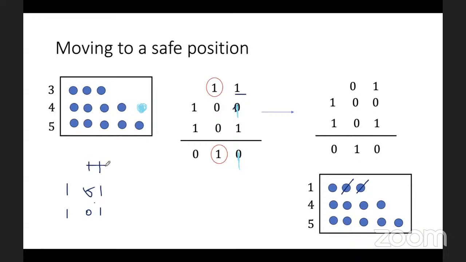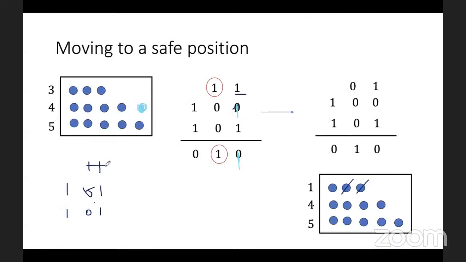All right. And is it always possible to go to a safe position from any board that is given to you? Is it possible that we can always go to the safe position? Correct, this is the claim. From an unsafe to a safe board, there is a path.